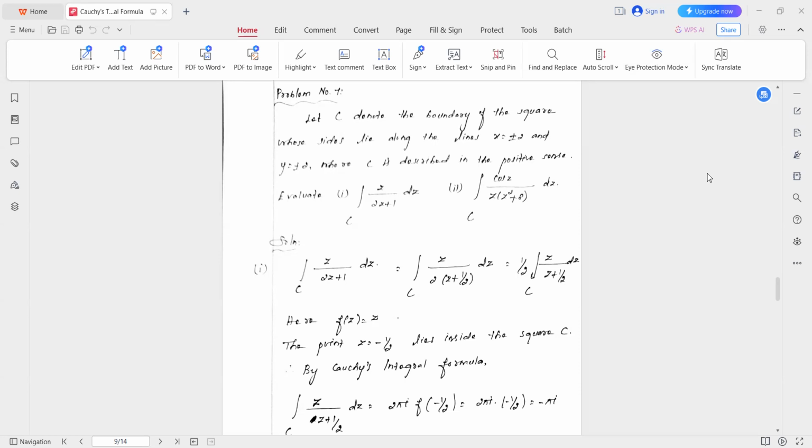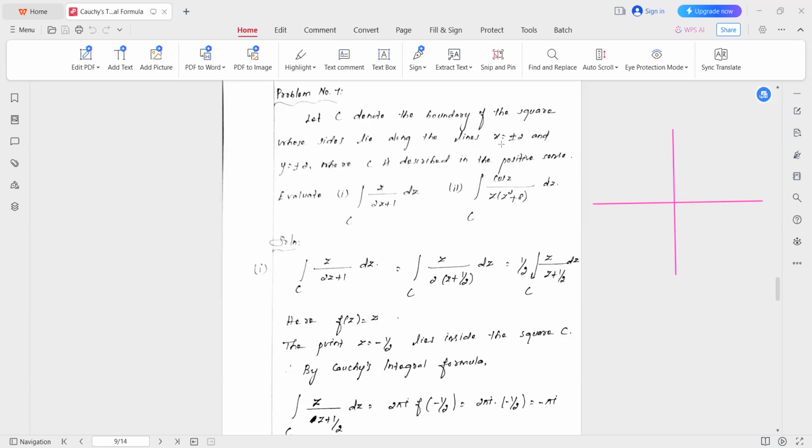Let C denote the boundary of the square whose sides lie along the lines x equal to plus or minus 2 and y equal to plus or minus 2, where C is described in the positive sense. So this is our real axis.